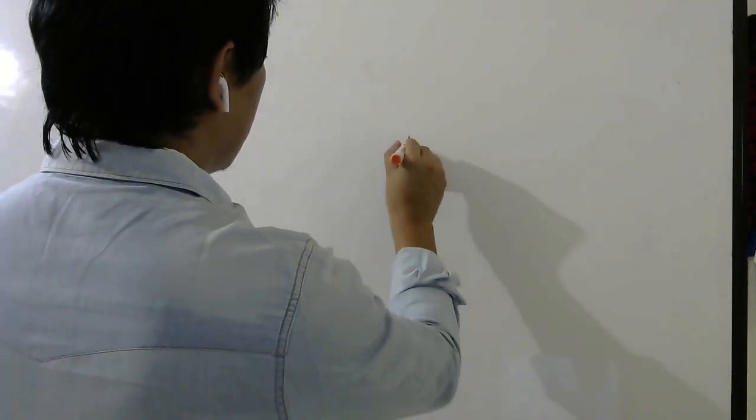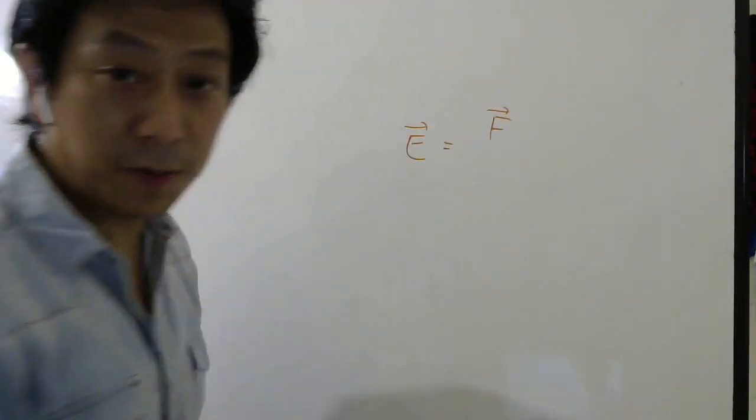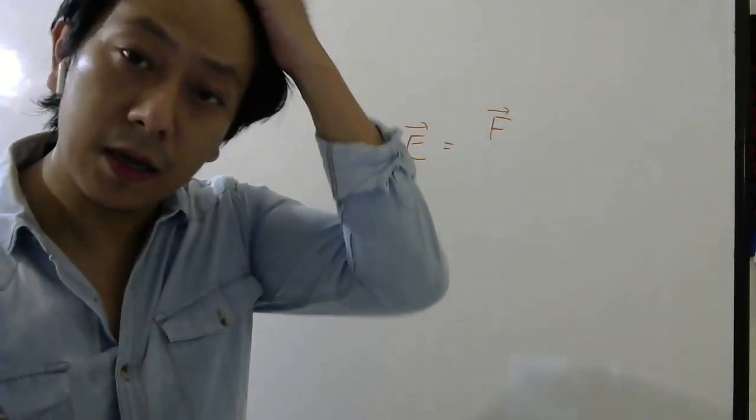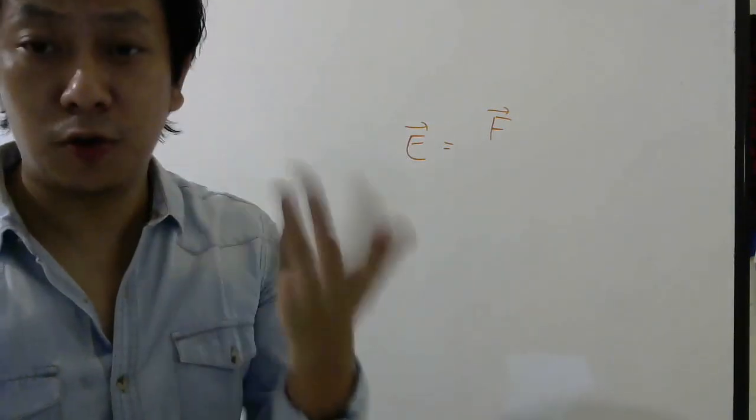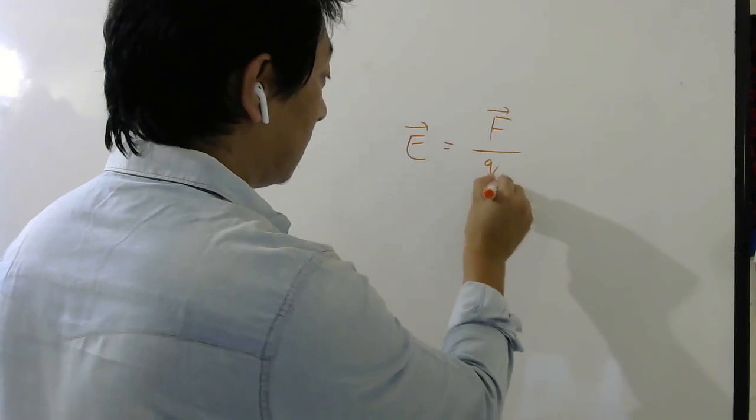So since you have now understood how to find electric field due to any source charge, electric field due to any source charge is force experienced by a test charge, or you can say force per unit charge also, because you are dividing with Q naught.